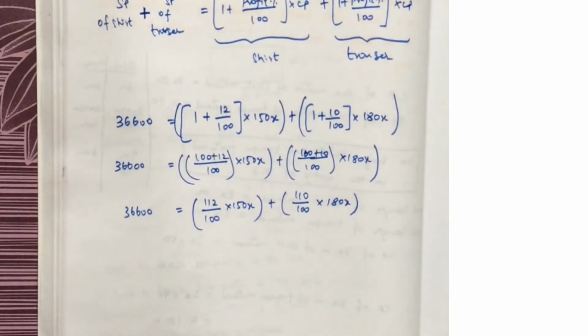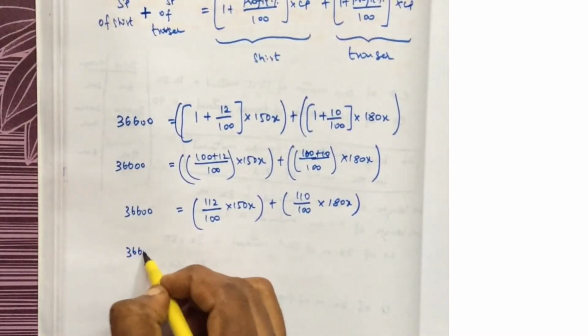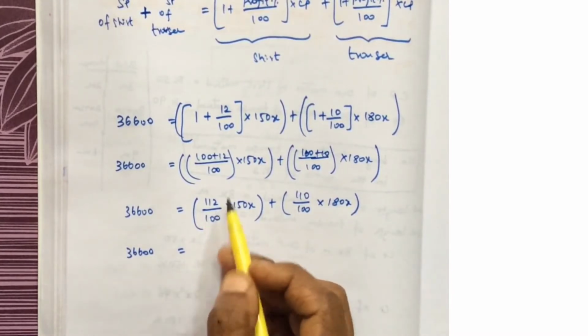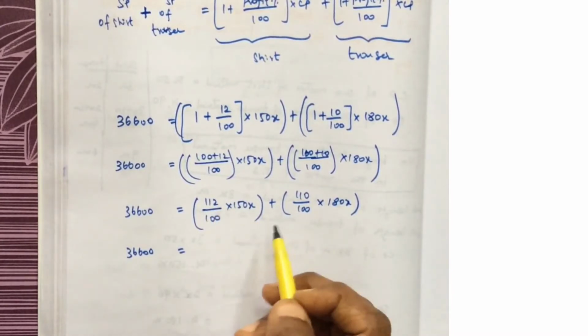Okay, now 36,600 is equal to, if you multiply 112 you can cancel also, and whichever way you want you can do.